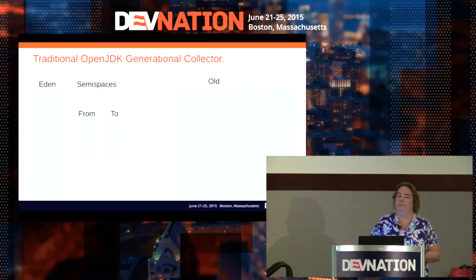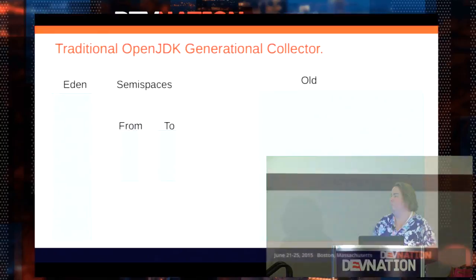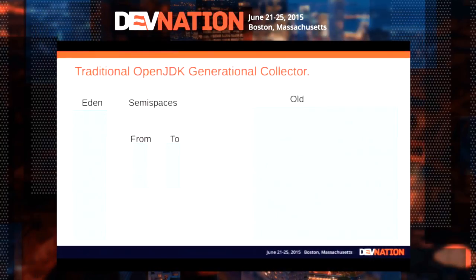So what do I mean by a generational GC? Except for G1, most of the garbage collectors in OpenJDK look like this. You have an Eden where you allocate, when things survive, they get promoted to your semi-spaces, where they get copied back and forth some number of times, and then they get promoted to the old generation.